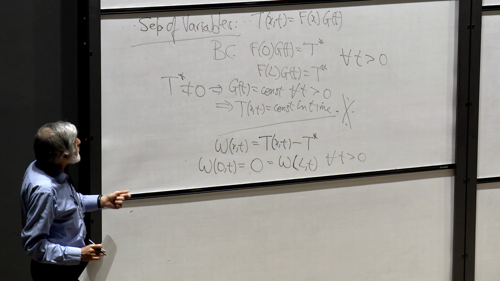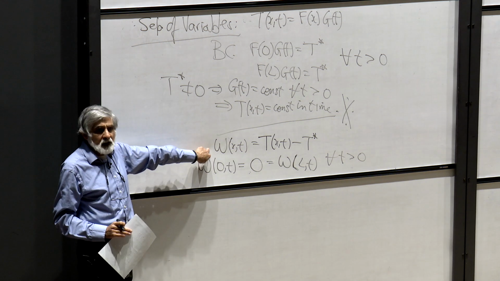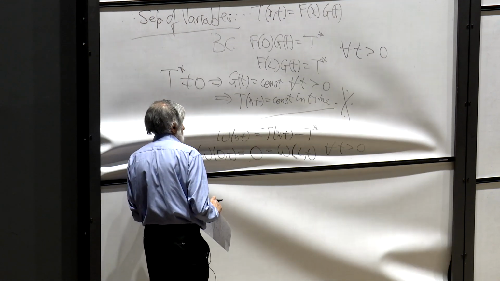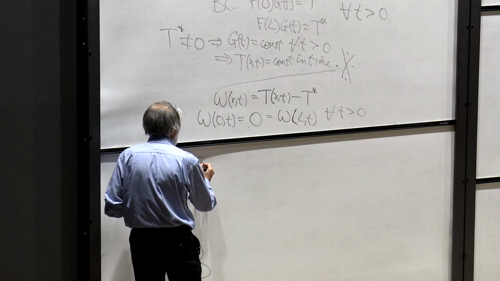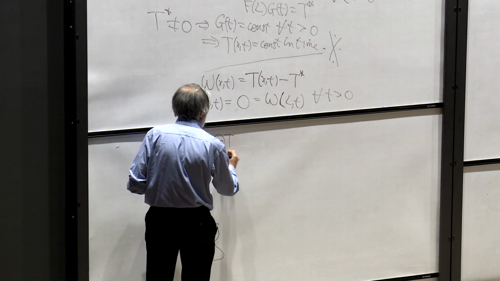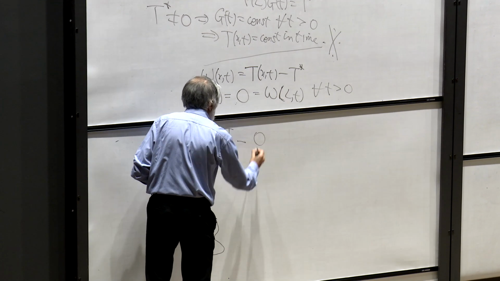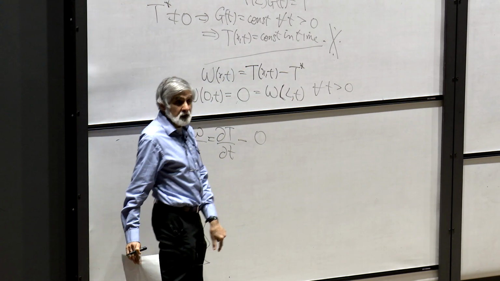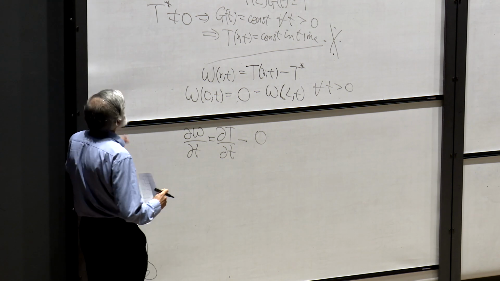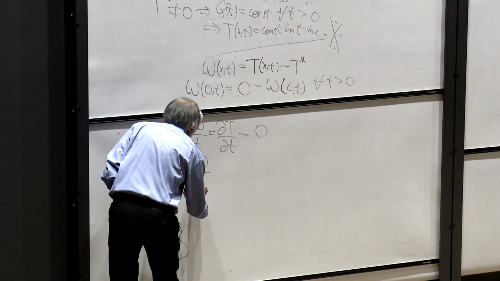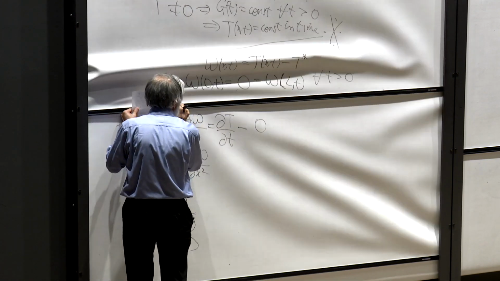But now the problem is, what equation does W satisfy? dW by dt equals dT by dt minus 0, because differentiate a constant with respect to little t, you get 0. And what about d2W by dx squared?